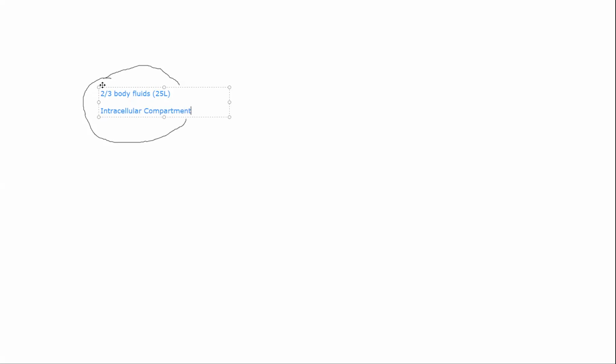We said that about 40% of our body weight is within this compartment, and fluid is within this compartment. So about 40% of our body weight.